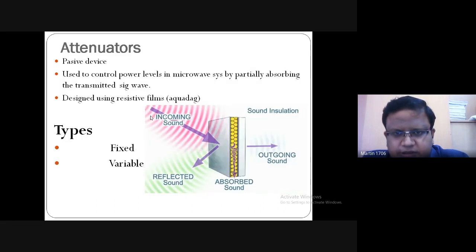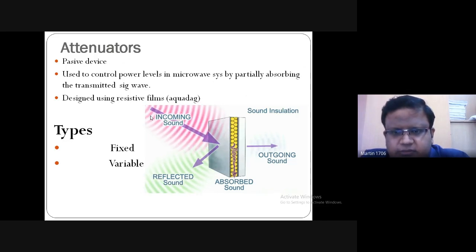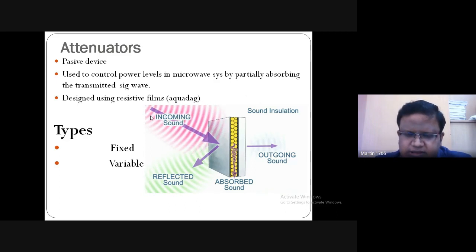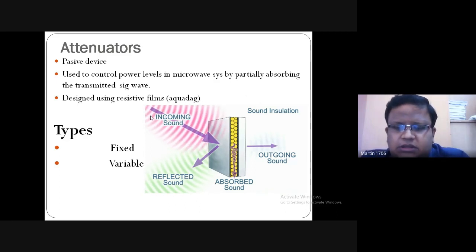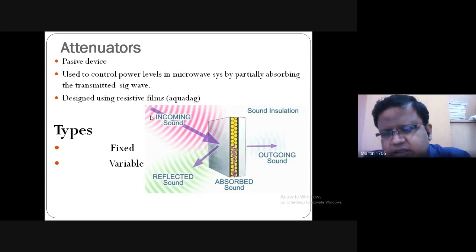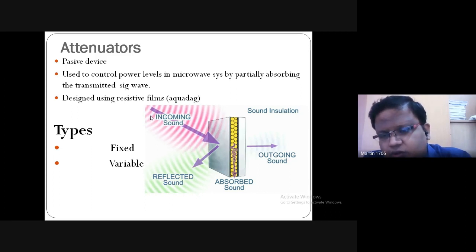The next one is the attenuator. Attenuator is also similar, but as of now we have seen all rectangular waveguides. Just look at one waveguide wall alone.